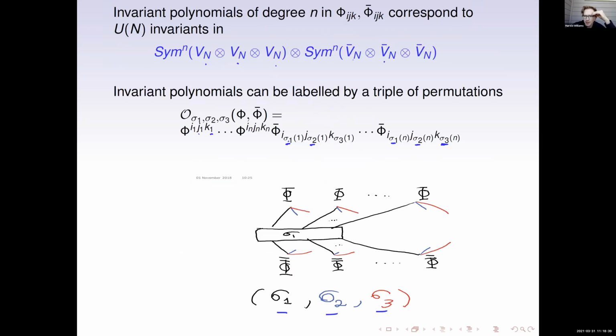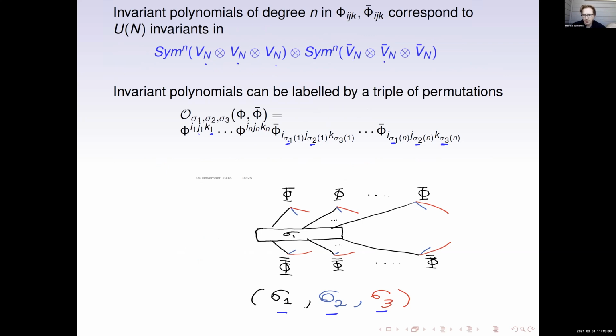Can I just ask to see if I'm following? So we have this vector space up top, this tensor product of Sym^n's. We have an action of U(N) cross U(N) cross U(N) on that. We want to compute the invariant subspace with respect to that action.